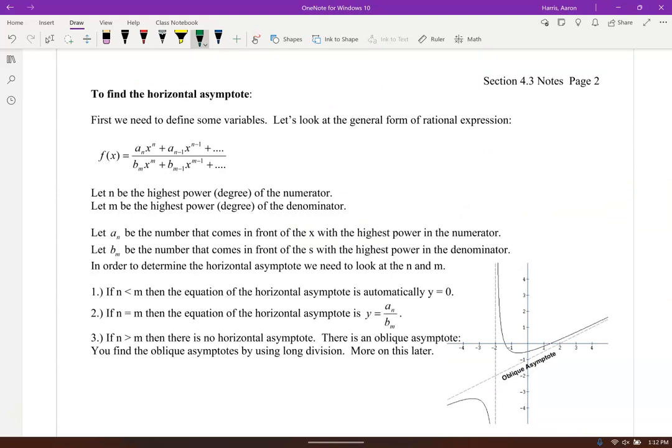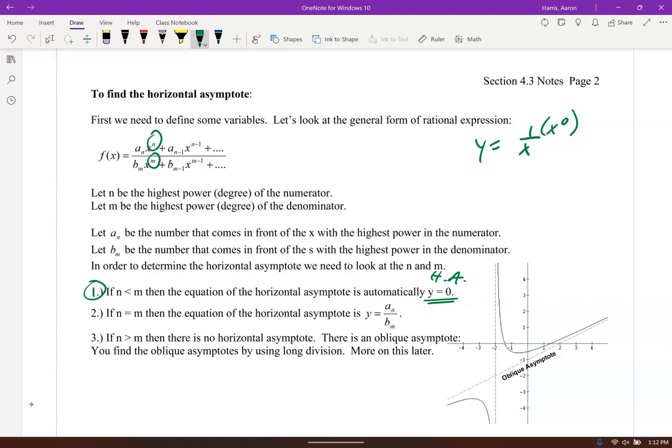So if, number 1, the degree of the top n is less than m, that's number 1 right here, then y equals 0 is automatically your horizontal asymptote. Okay, for example, y equals 1 over x. The degree of the top, I know x is not listed, but that's a 0 degree.